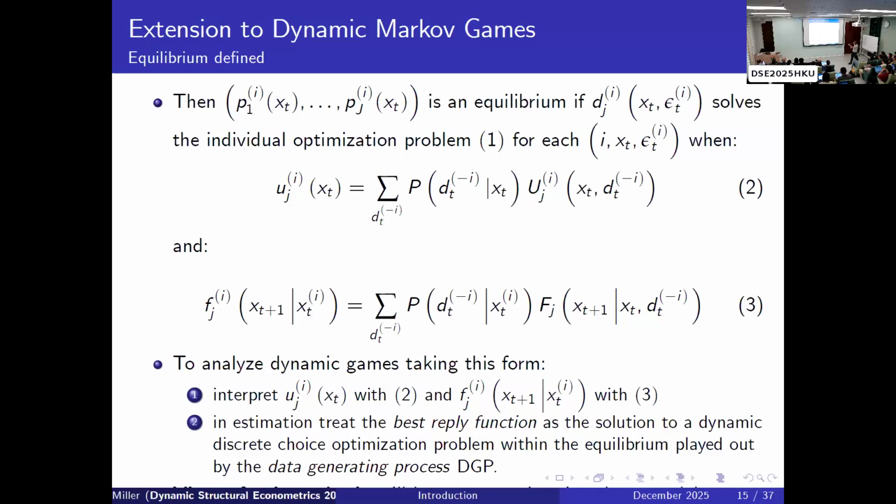So we've now got little u and little f, very similar to the situation that we had in the individual optimization problem. So, in fact, they have this analogous interpretation. Best applies to a dynamic discrete choice problem when the equilibrium, and I'm thinking of Markov equilibrium in this case, is played out by the data generating process.